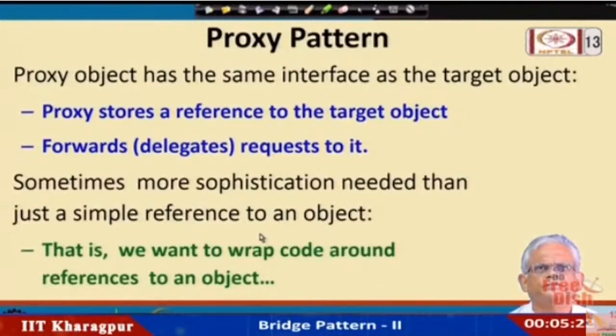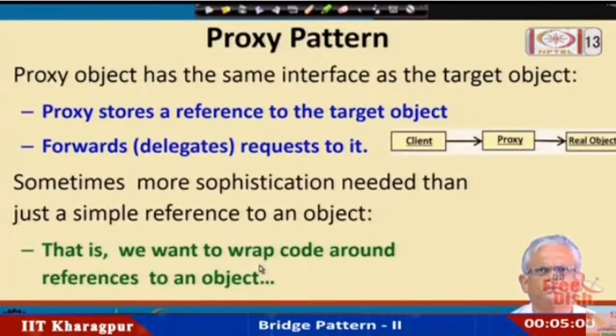But sometimes it does not forward it as it comes; it does some pre-processing, then invokes the server, and then maybe does some post-processing. So, basically the proxy can help us to wrap code around the reference to a server. The client would interact with the proxy.